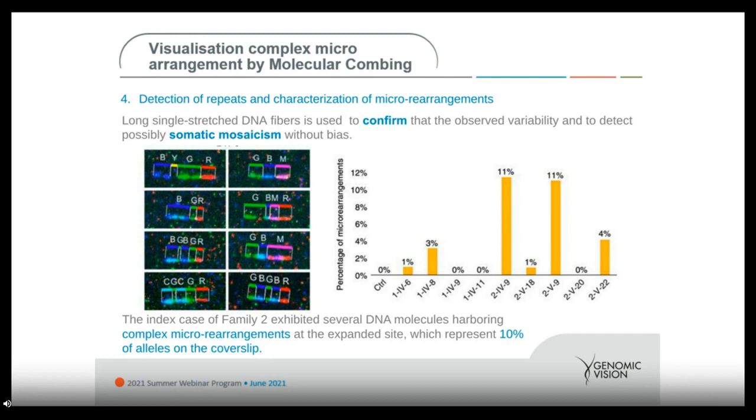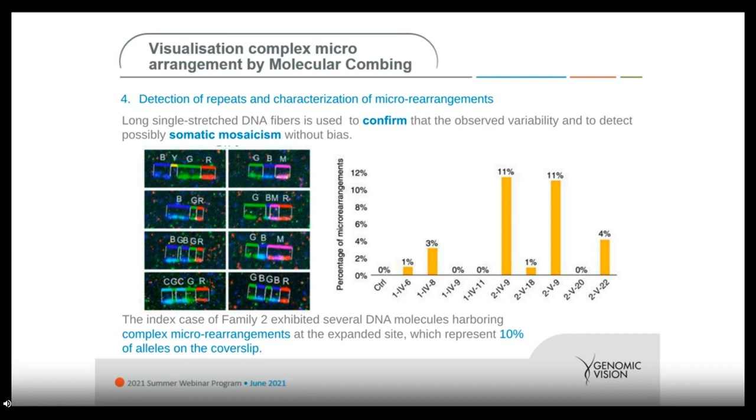In this case, you can see in real pictures the kinds of different genomic variability that we had within the patients. For example, having the repeat expansions at the ends of exon 2, or a combination within the exons. Then we can precisely measure and quantify these rearrangements within the same coverslip between the different patients.